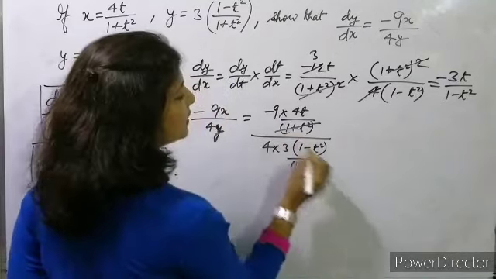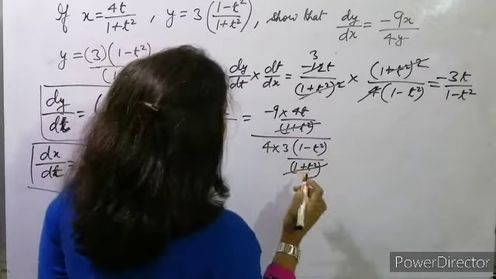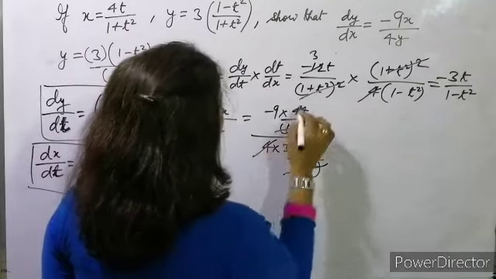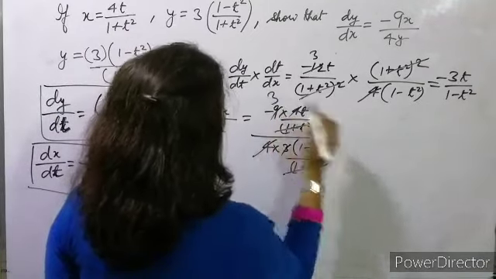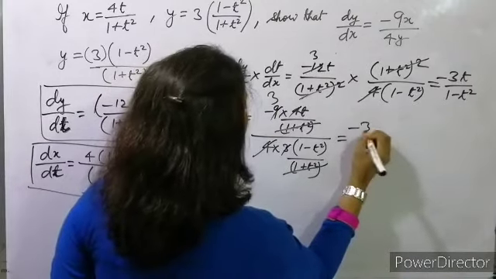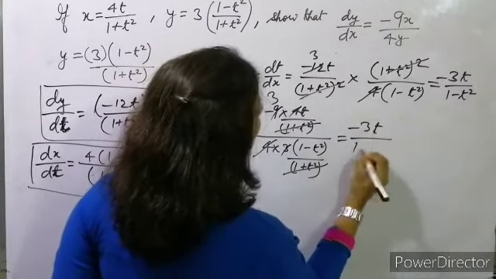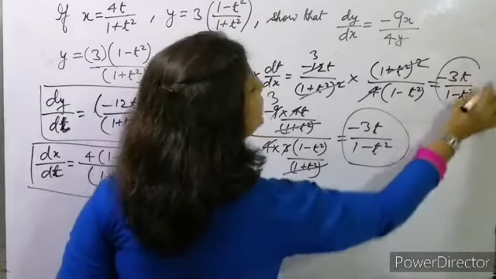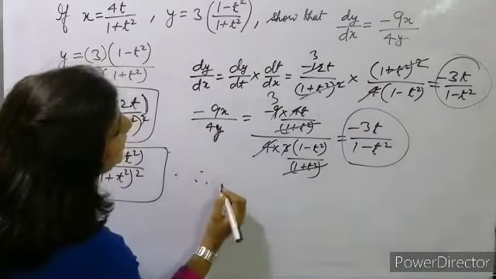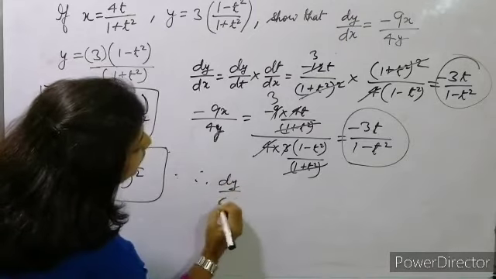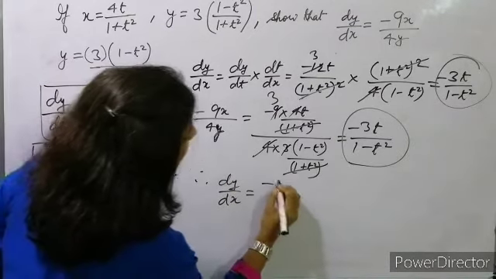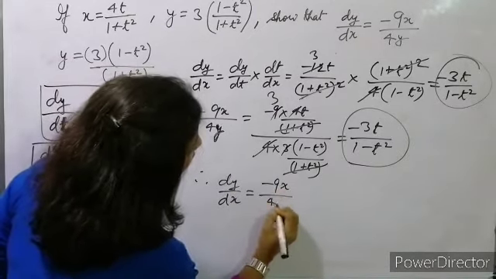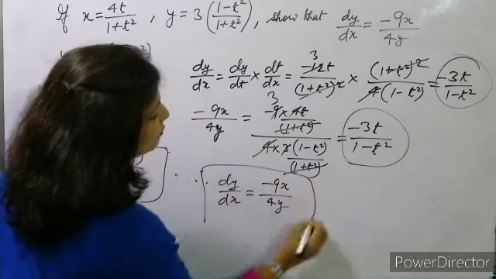So this cancels, and 9 and 4 cancel, 3 remains, so this will be minus 3t divided by 1 minus t square. So this is equal to this one, so we can say that dy by dx is equal to minus 9x divided by 4y, hence proved.